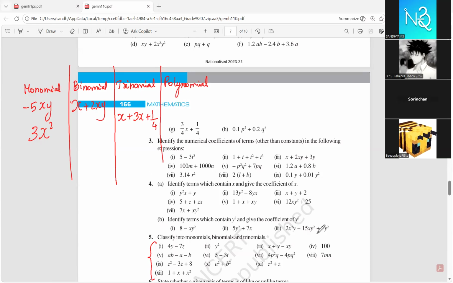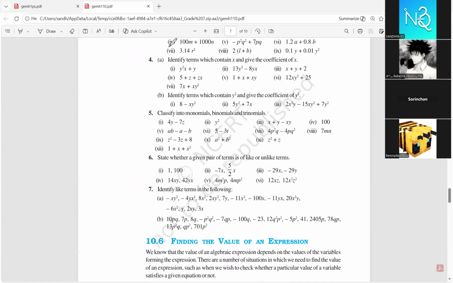Clear? Group these. I will show you, then you can take a screenshot. Monomial means one term, binomial two terms, trinomial three terms, like that. Please write it down.